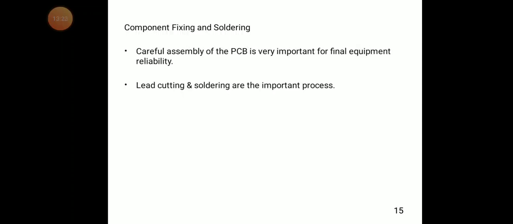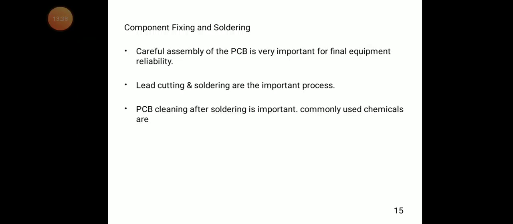Careful assembly of the PCB is very important for final equipment reliability. Lead cutting and soldering are the important processes. So the meaning is, after putting the leads in the holes, we need to properly cut the leads and properly solder the leads.